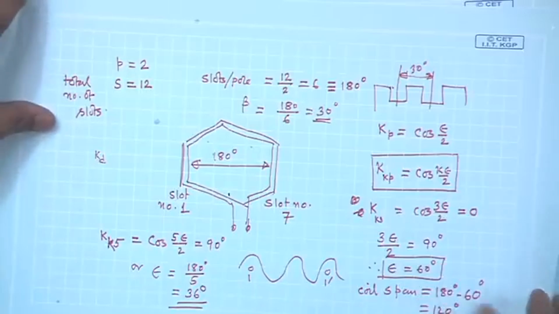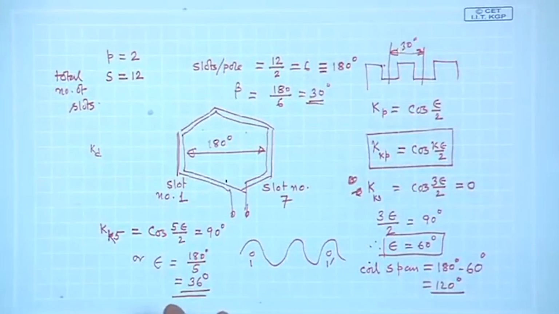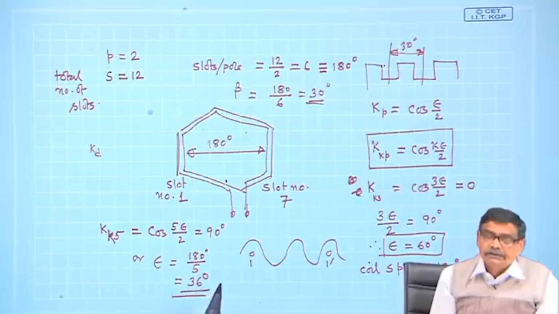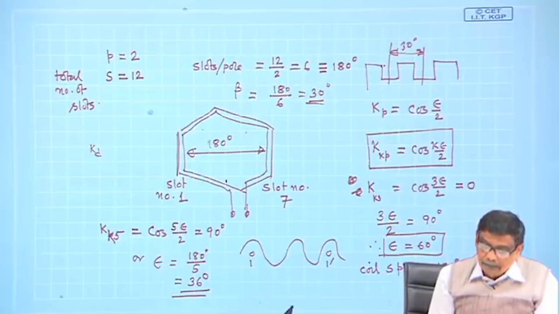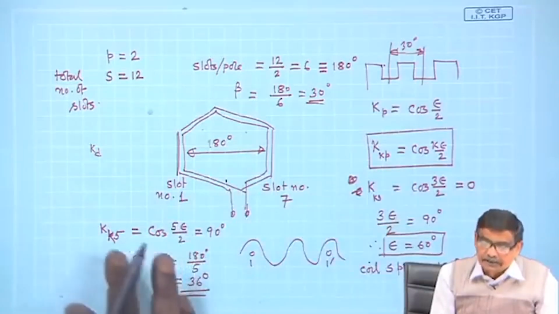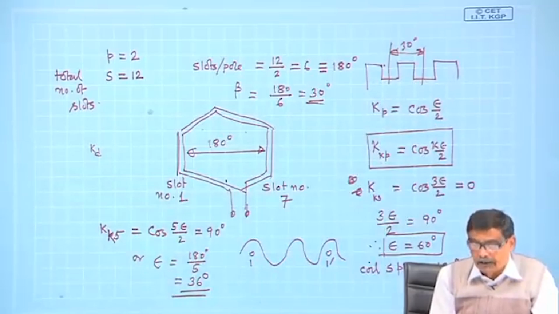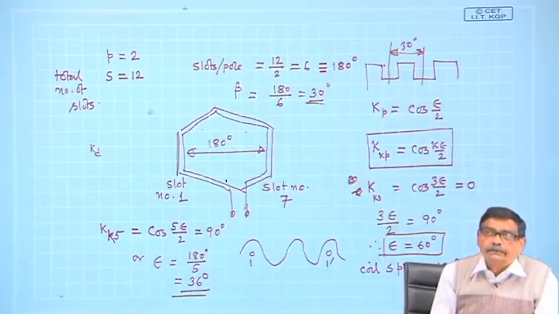If epsilon is chosen 36 degree, then the fifth harmonic component of the voltage will be totally nullified. It will not appear across the coil. But however, you cannot short pitch a coil by 36 degree. The least number by which you can short cut a coil is a multiple of 30 degree.